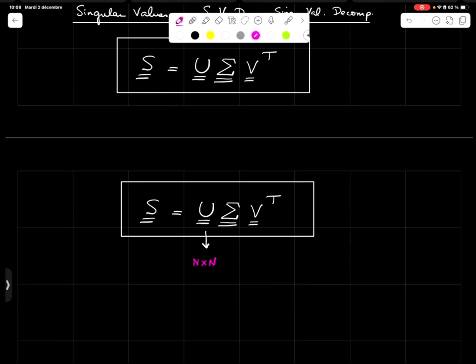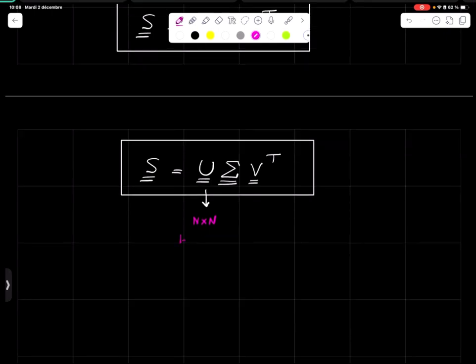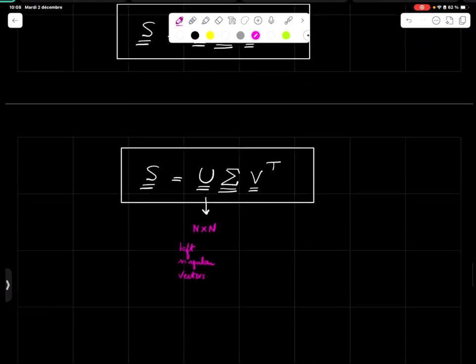Those are the left singular vectors. So it's an orthogonal matrix. And V is the small one, with size m times m. Of course, it is called the right singular vectors.